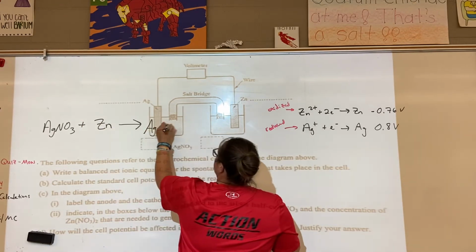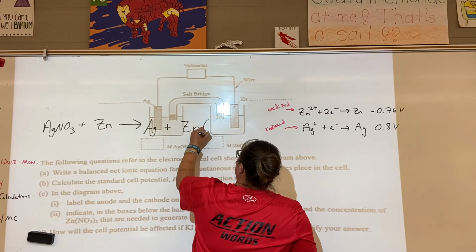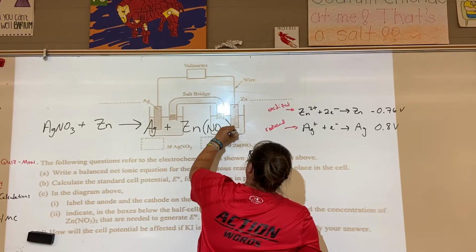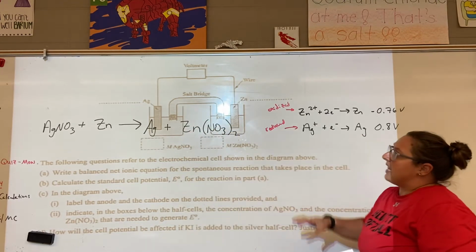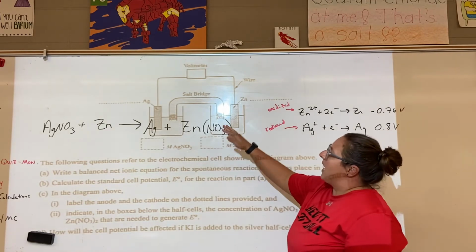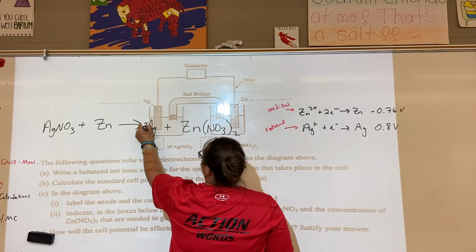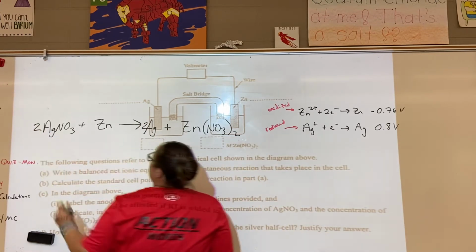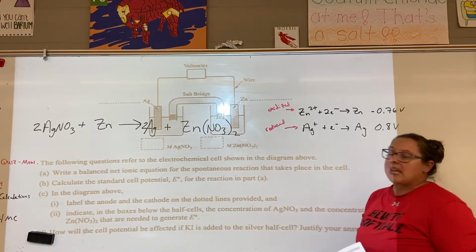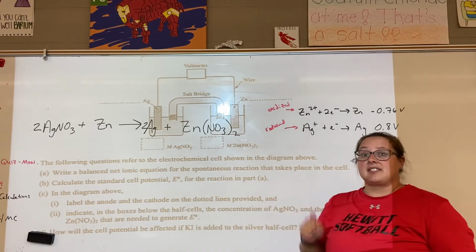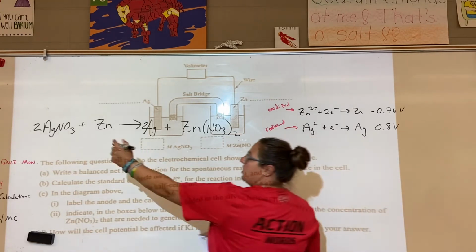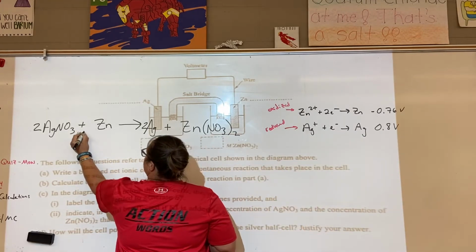Zn yields Zn(NO3)2. Now that I have my foundation, I then can balance my reactions. So there's going to have to be a 2 in front of both of the Ags in order to balance that. Now what we do is we assign solubility rules. Silver nitrate is aqueous.